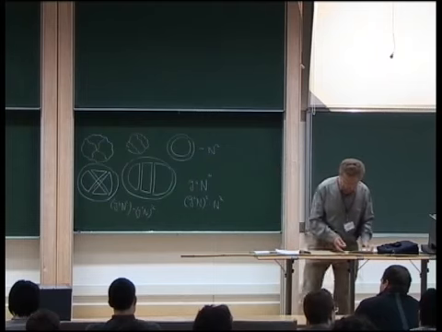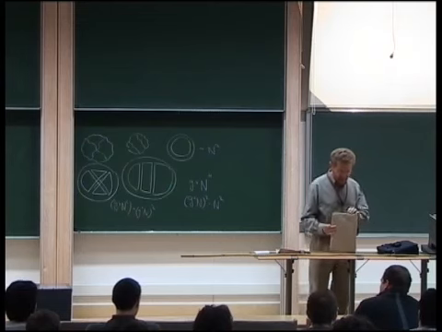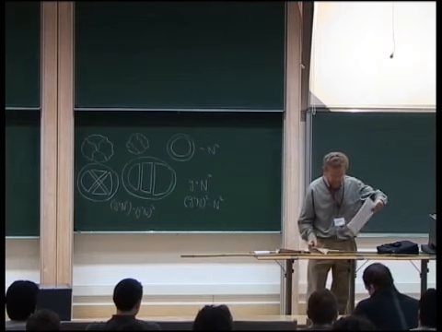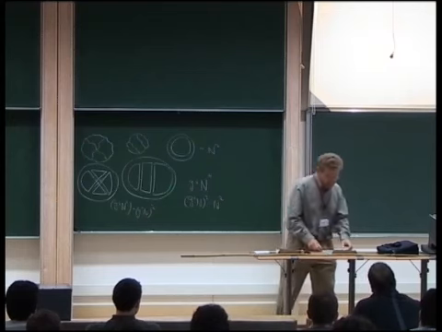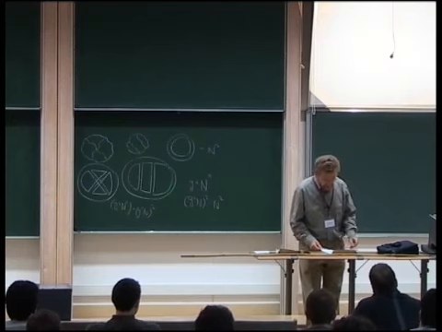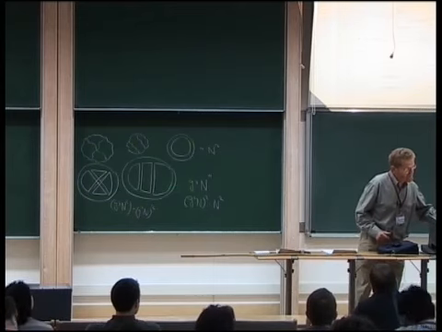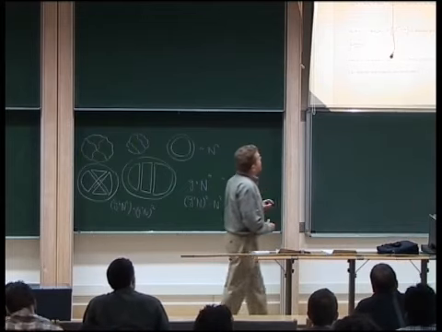Well, let me now move on to the main subject of these lectures, which is the lattice gauge theory calculations relevant to this particular topic. So let me say something about lattice calculations first, because some of you are familiar, some of you aren't, so I might as well give an introduction. What are we trying to do here?